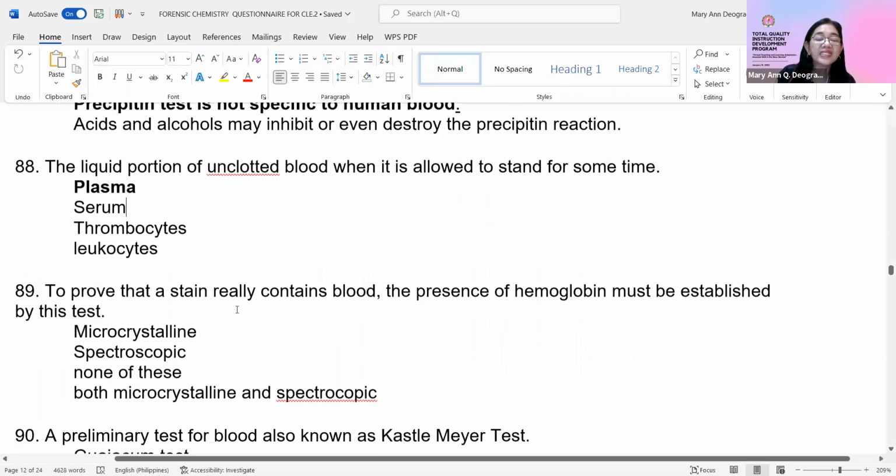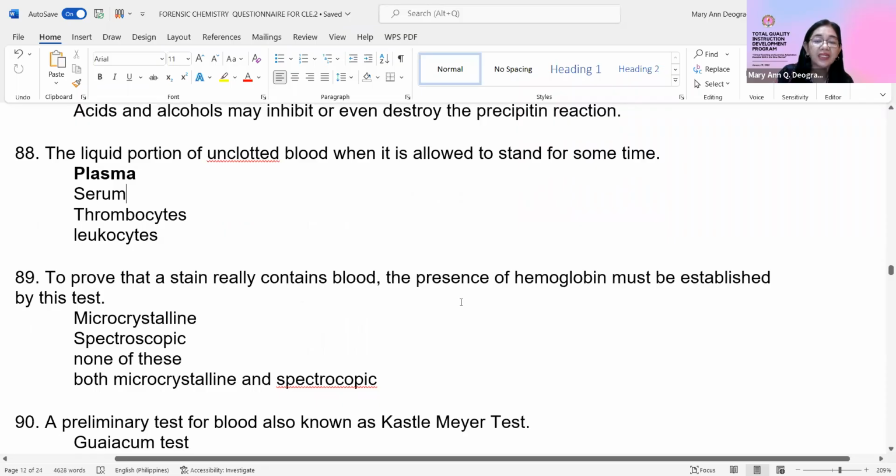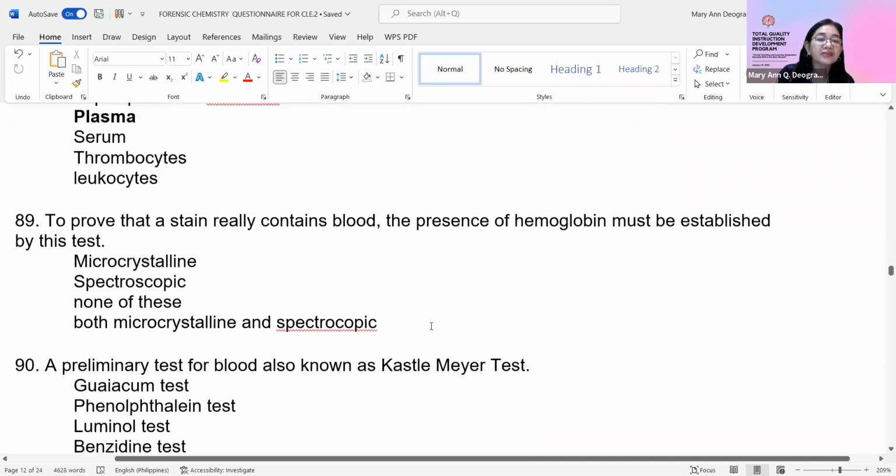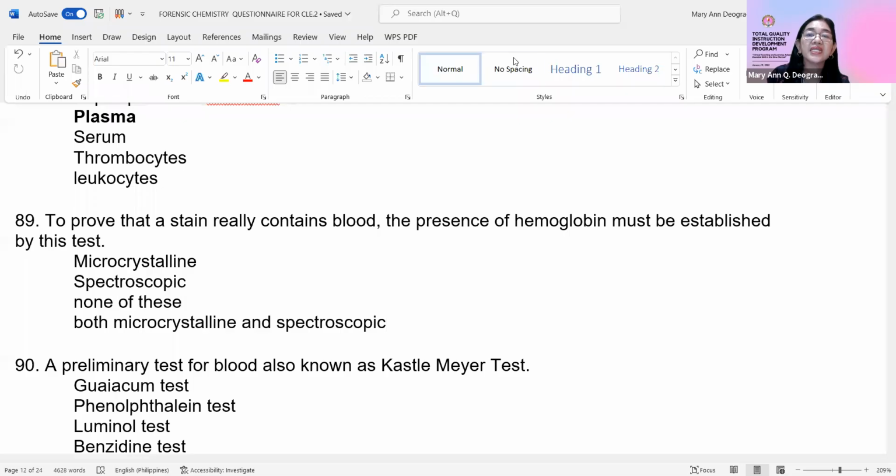To prove that a stain really contains blood, the presence of hemoglobin must be established by this test. Alin dyan ang sagot? Microcrystalline, spectroscopic, none of these, both microcrystalline and spectroscopic. All right, both. Elimination, tama. Okay, mag-eliminate kayo.